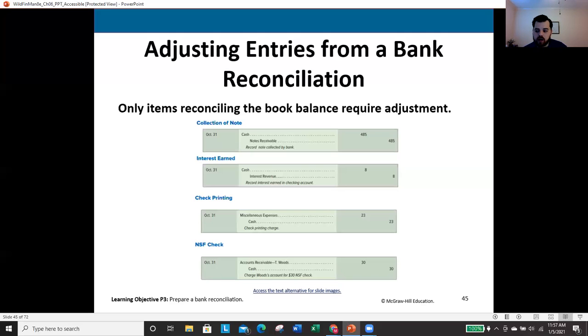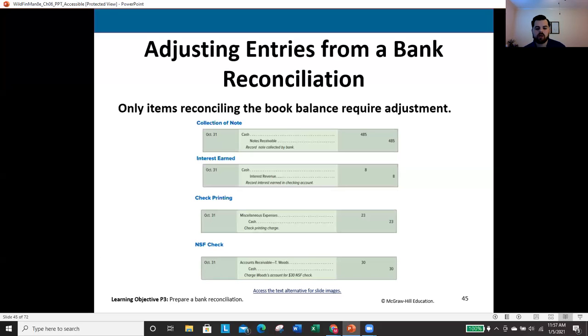Now, here's the deal. With the NSF check, you've really got to understand what has happened. A customer wrote us a check, but that check didn't clear. They didn't have enough money in their account to actually write that check. So they wrote us a $30 check in good faith, perhaps, but the check didn't clear. So what happened was when they wrote me that check, I, assuming they were writing me a good check, debited cash and credited accounts receivable, indicating that they did not owe me cash anymore.